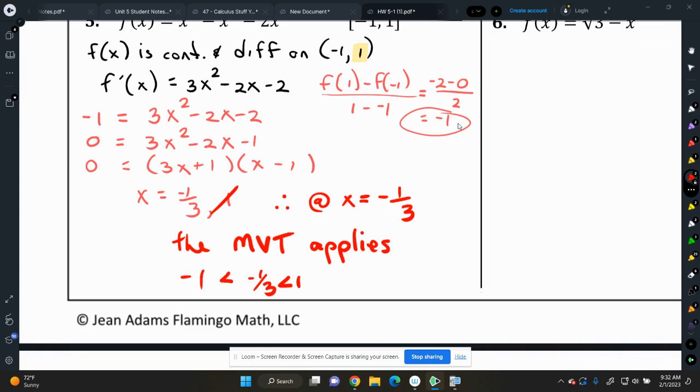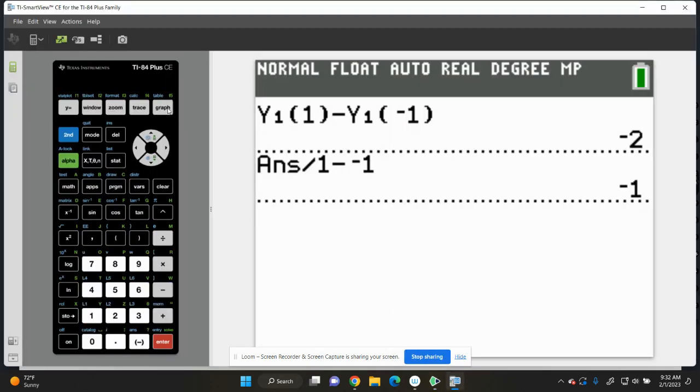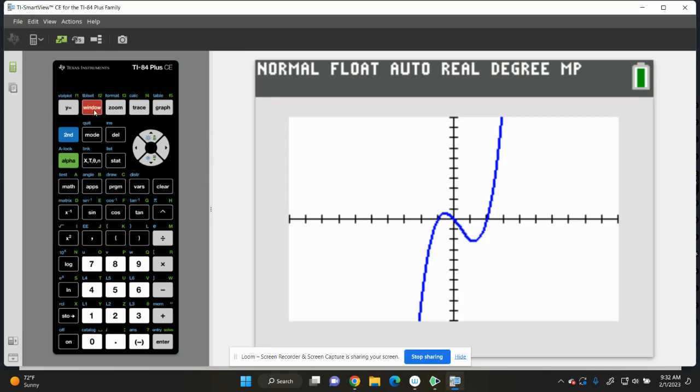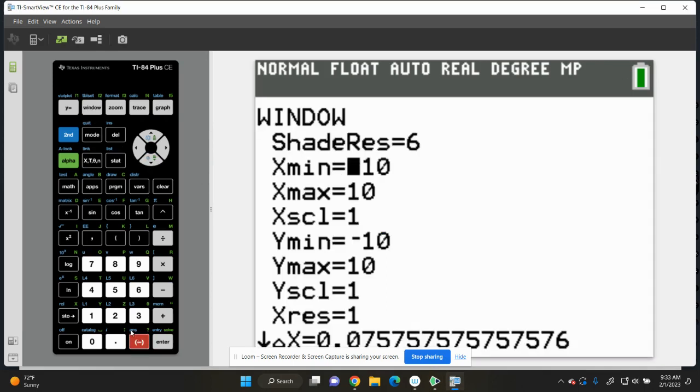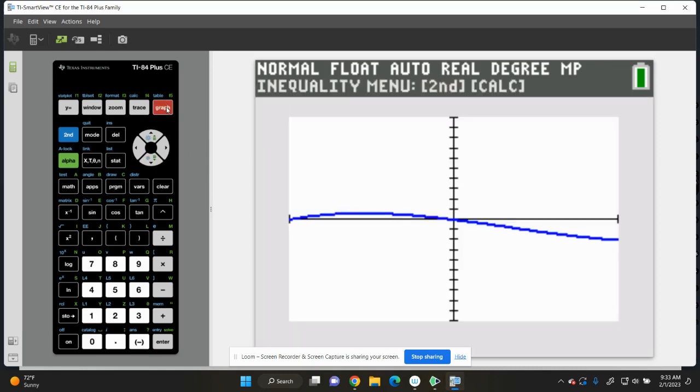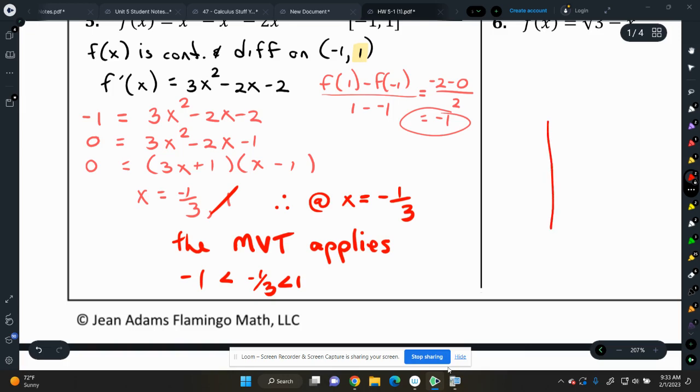Okay, I want to just look at the graph of this one for a moment so you can see what's happening. Let me just change the window to -1 to 1. Okay, there's my window, right? We're looking at where the average rate of change is. Let me see if I can sketch this over here. Here's my graph. -1, 1, and it is going through 0, 0.